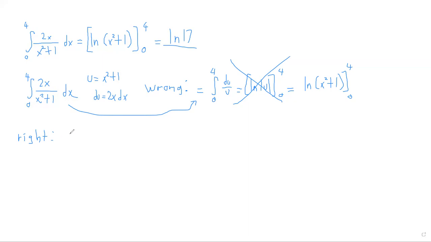So you say u is equal to x squared plus 1. You already know that du is 2x dx, so I'm not going to write that. But then, from 0 to 4, 2x over x squared plus 1 dx.